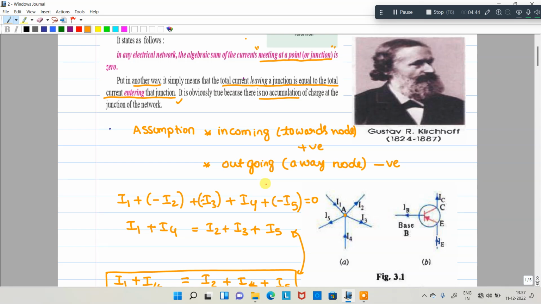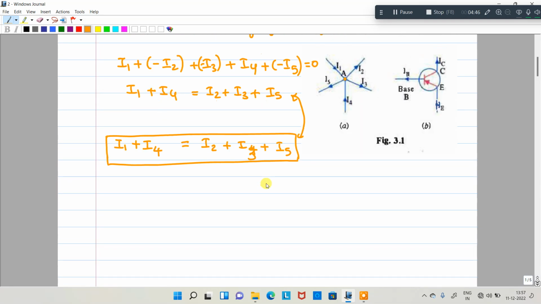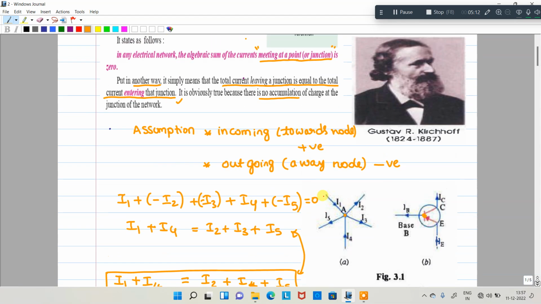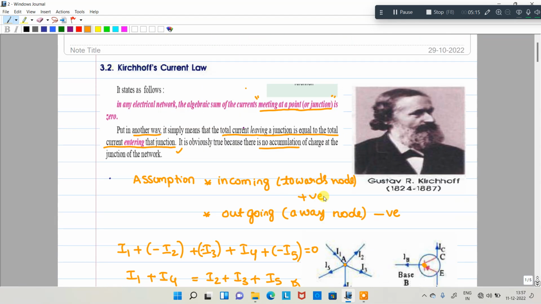That type of question may be expected. Next, in the second diagram, the incoming current, that is the emitter current IE, is equal to the outgoing currents, the base current plus the collector current. This is KCL at the node, if you are applying it to a transistor. Is everyone clear about the complete idea of KCL? I hope it is clear for you.